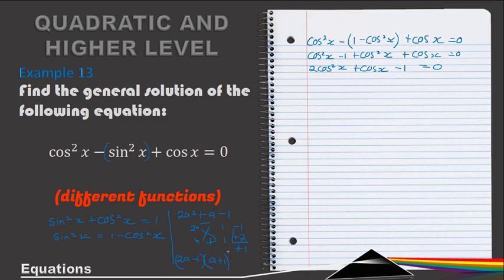If I apply that exact same factorization to my equation, it would simply be 2 cos x minus 1 and cos x plus 1 equal to 0. So now to solve for this, we set both of these brackets equal to 0. So 2 cos x minus 1 equal to 0, or cos x plus 1 equal to 0.